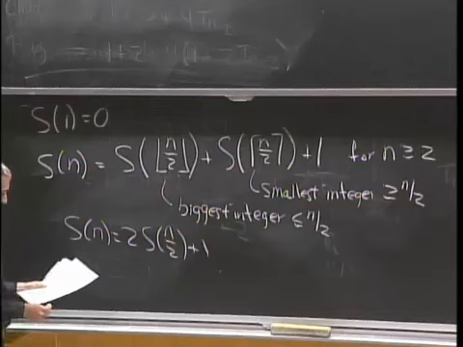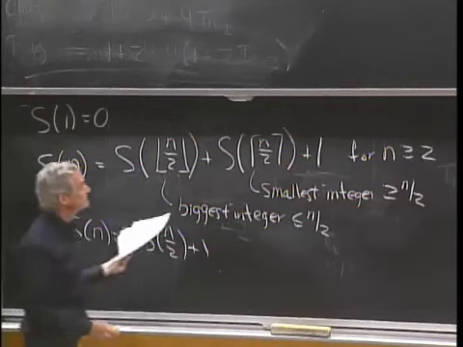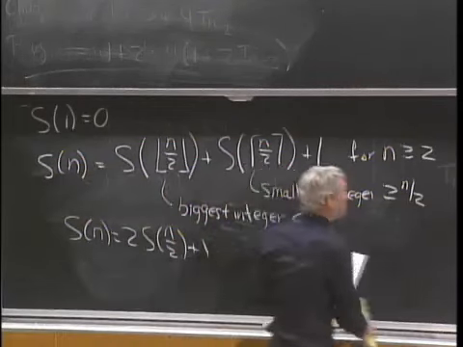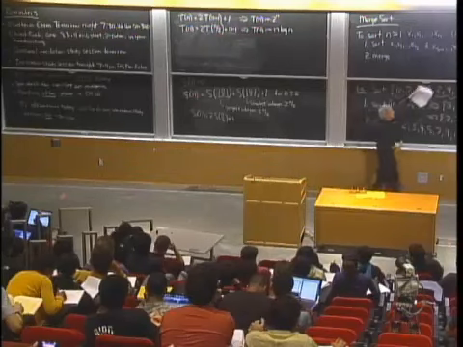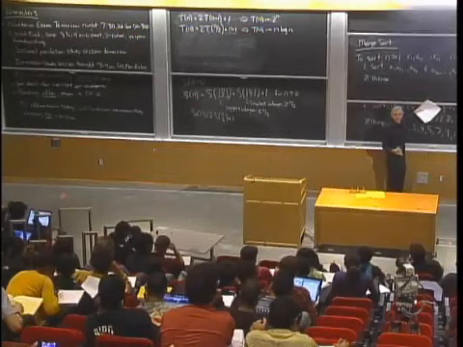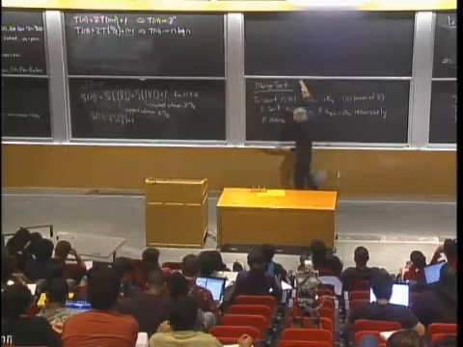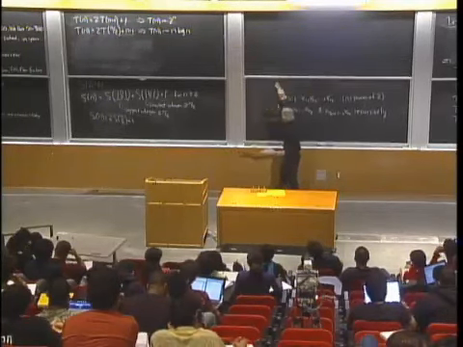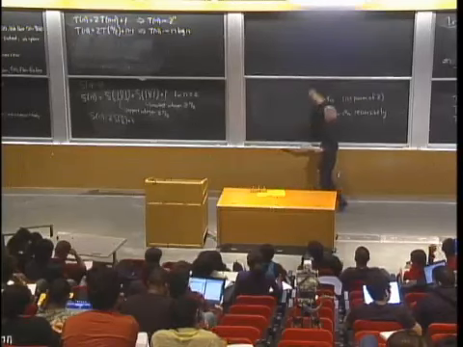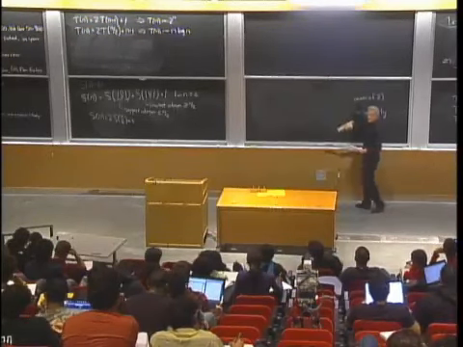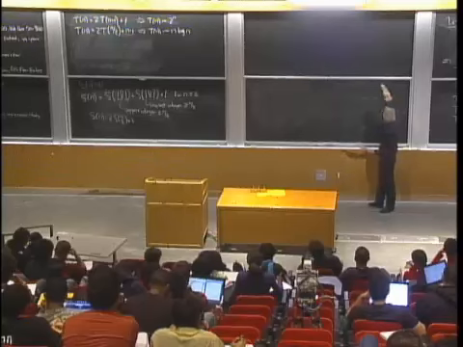All right, let's see if we can solve this. What's the first thing to try to solve this? What's the first step when you get a recurrence? You try to solve. All right, what method should you try?